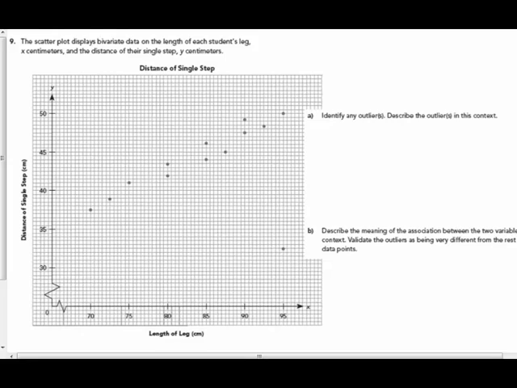You would think, and it looks like, the longer your leg, as the x's increase, the longer your steps. The y's are increasing as the x's are increasing. Identify any outliers. Well, this point right here looks unusual. It's not in the pattern of these points, which seem to have that strong linear positive association.